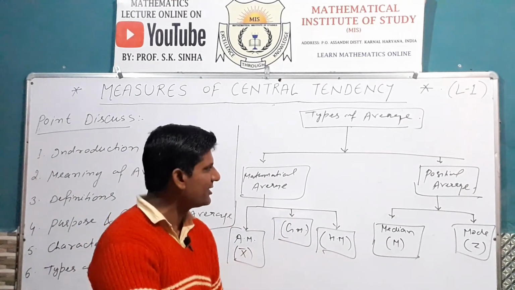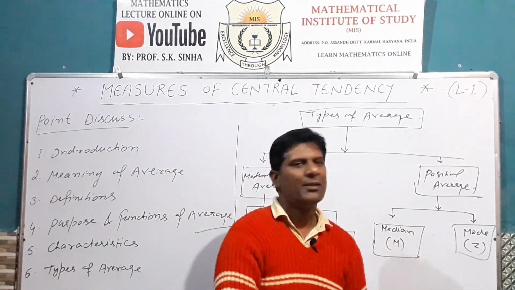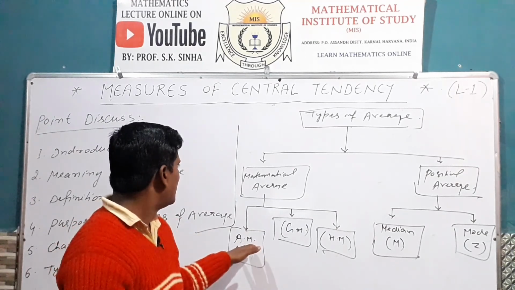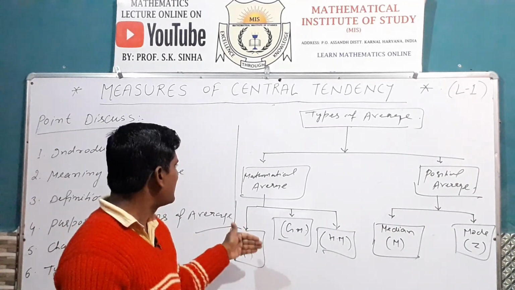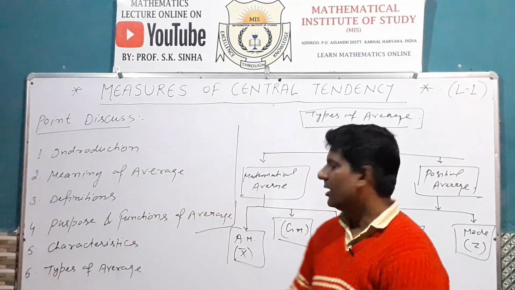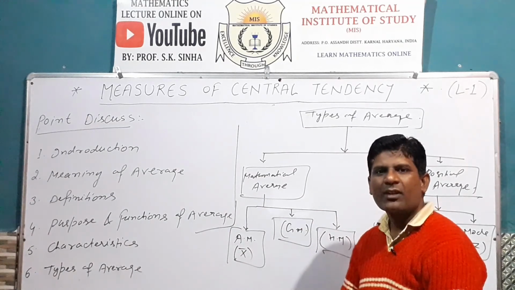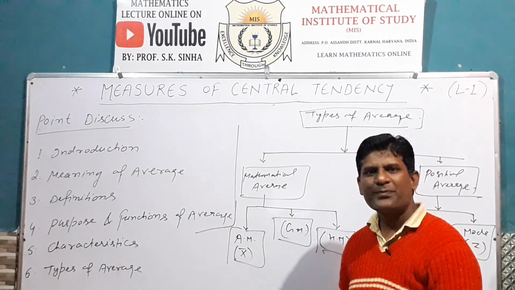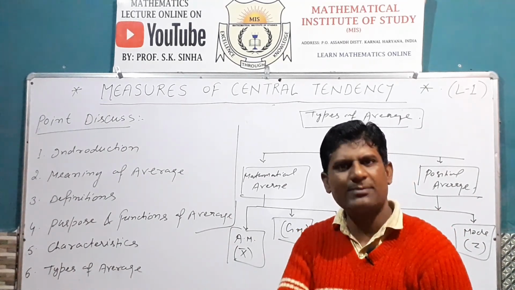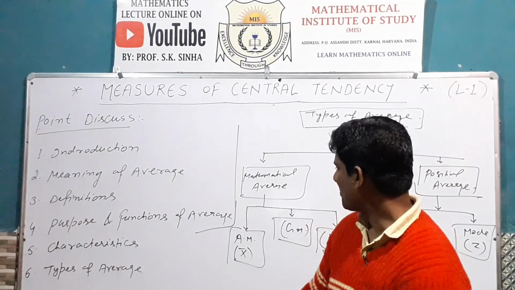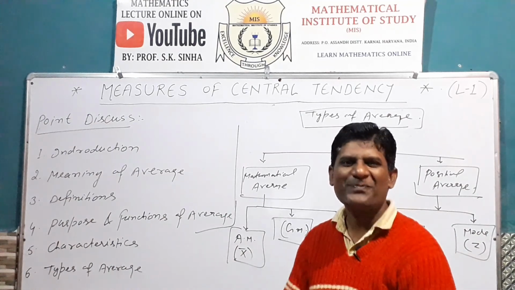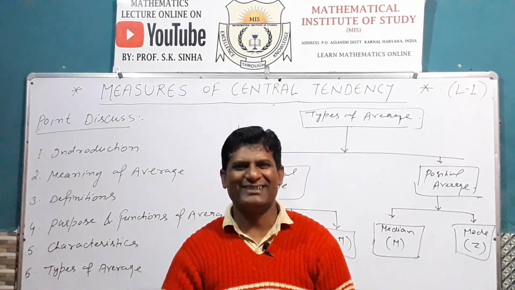After that, we will start positional averages, median and mode. In the next lecture I will start the arithmetic mean, with its different types in individual series, discrete series, step deviation method, shortcut method, and direct method. Thank you very much, and all the best.